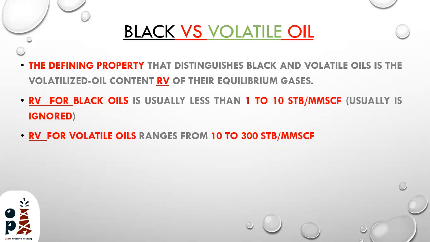If the RV for the separated gas ranges from about 10 to 300 standard barrels per million standard cubic feet, then we have volatile oil. So the big constraint for volatility, or the difference between the black and the volatile oil reservoir, is the RV. The RV is the amount of oil associated with the gas separated.